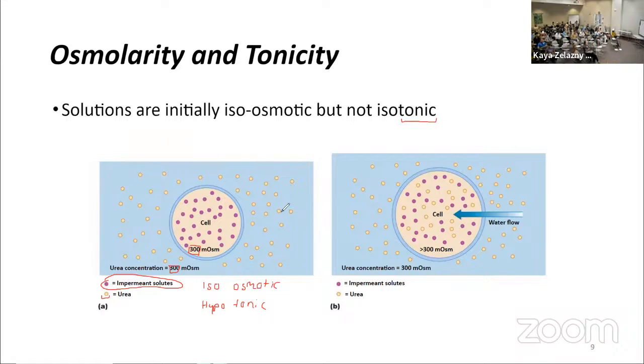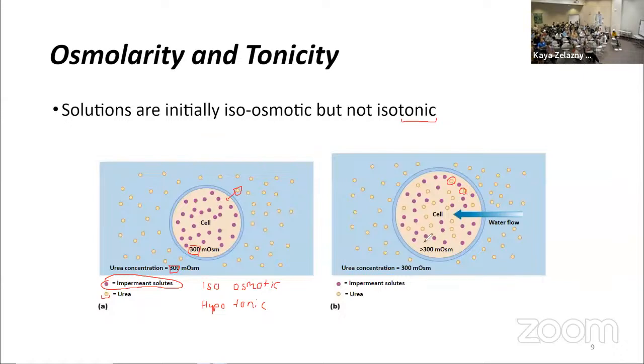So what would happen in this situation? Urea can move, right? In this case, the yellow dots are all outside, and there are none inside, which means that there is a concentration gradient for urea, which means there is a chemical driving force on urea. So urea itself will start to move, those yellow dots are going to start to move inside the cell. And you can see on this figure B that that's happened. So now we've got some yellow in here.